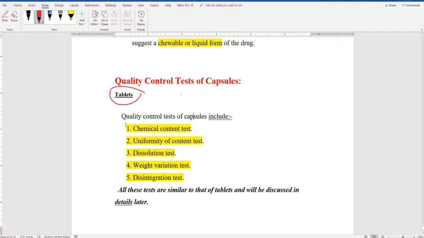Okay, first, the chemical content test. What you need to know about this is that a chemical content test is supposed to validate, to make sure, or to test the claimed amount of the drug. What does claimed amount mean? It is the labeled amount.